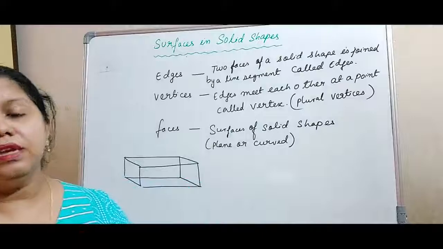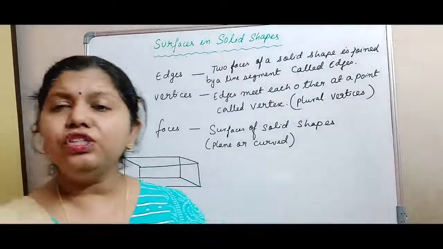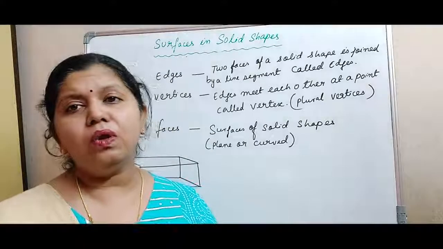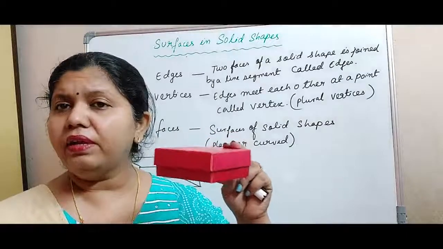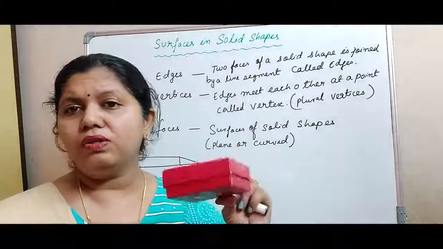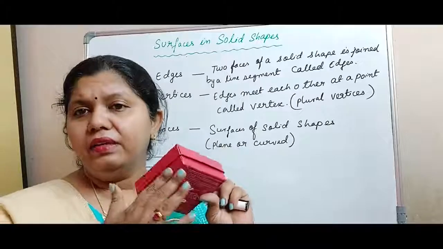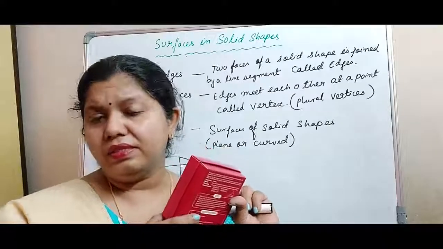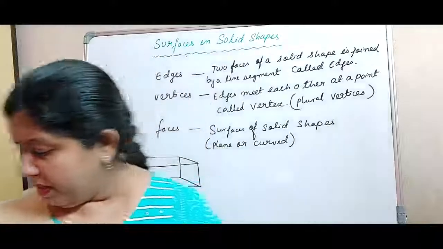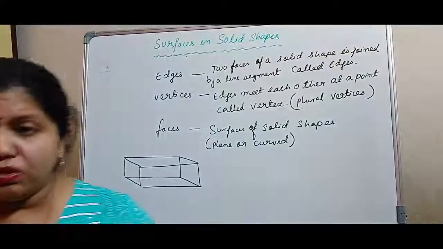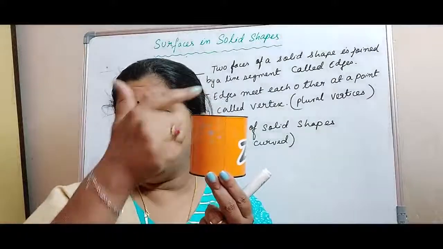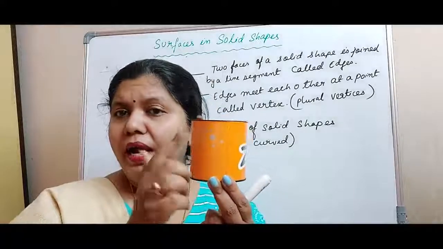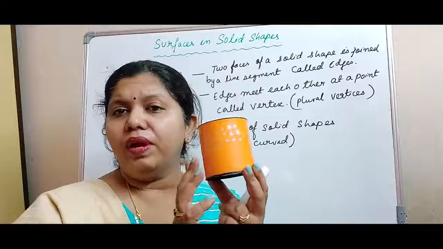The next is face. Each and every solid shape has its individual faces. If I take this shape, it has all flat faces. But if I consider this solid shape, it has both flat faces, the bottom and top, and in the middle is the curved one.